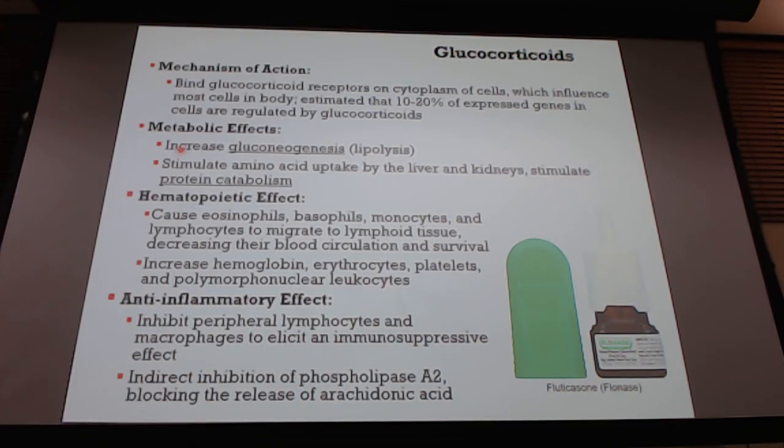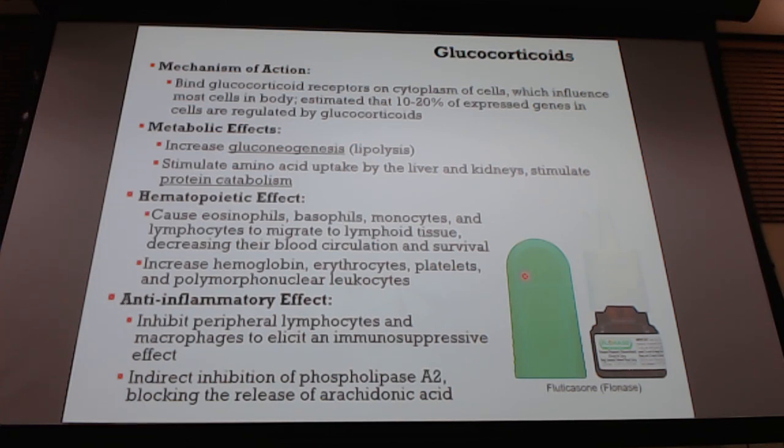Looking at these metabolic effects, again, you can have more carbs and breakdown of the protein for energy, so an increase in your gluconeogenesis, and your hematopoietic effects. When you're looking at that, think about your immune response and your inflammatory response. That will be decreased. So what does that mean? That means my patient can have more infections happening to them, right?